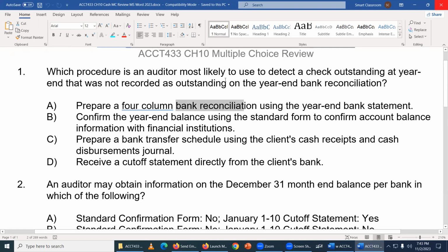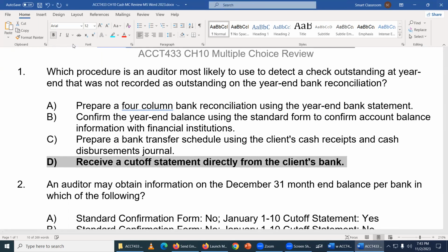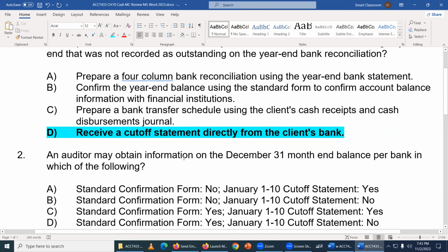That's probably why they didn't record it. So how are you going to find it? Receive the cutoff from the bank. Yep, good. Yeah, it'll show up here. If they wrote the check but didn't record it, it should probably show up within a couple weeks of year end. So, cutoff bank statement.